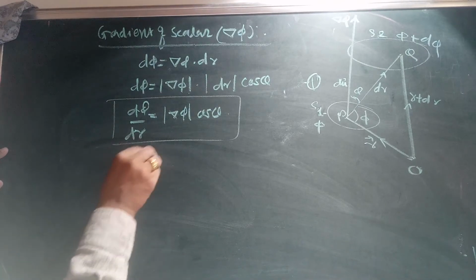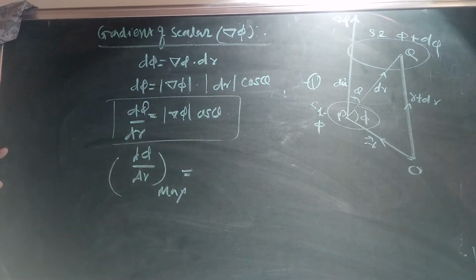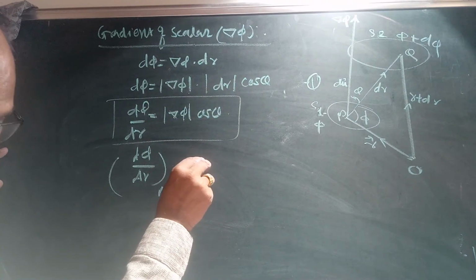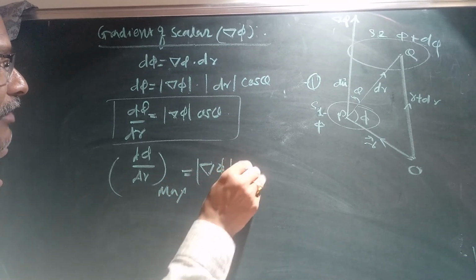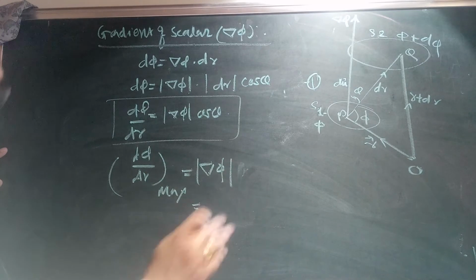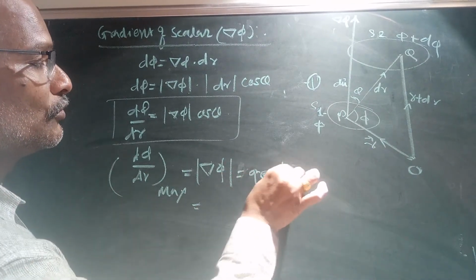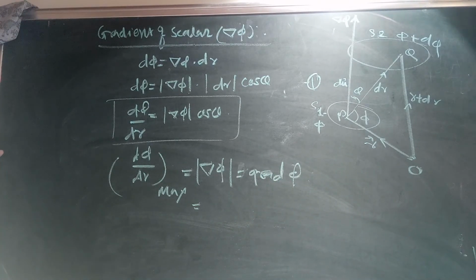So d phi by dr is maximum when cos theta is 1. So it is maximum when cos theta is 1, and it equals mod of del phi, which is nothing but the gradient of phi. So I will write grad phi. So this is the maximum rate of change of phi, which is the physical significance of grad phi. Okay, thank you.